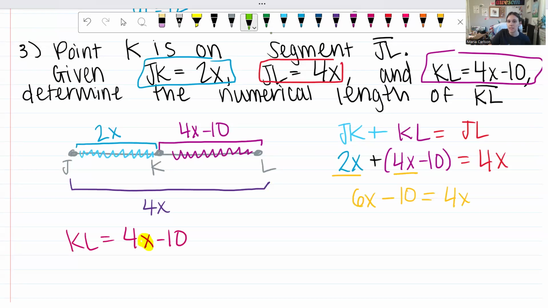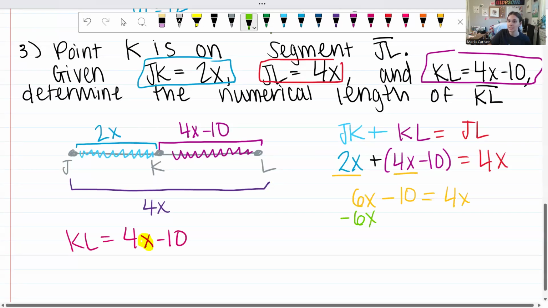So in order to do this, I will subtract 6x from both sides. And I'll show you why I did 6x and not 4x in just a second. So that way the 6x's cancel and this negative 10 is all by itself. And that is equal to 4x minus 6x, which is negative 2x.